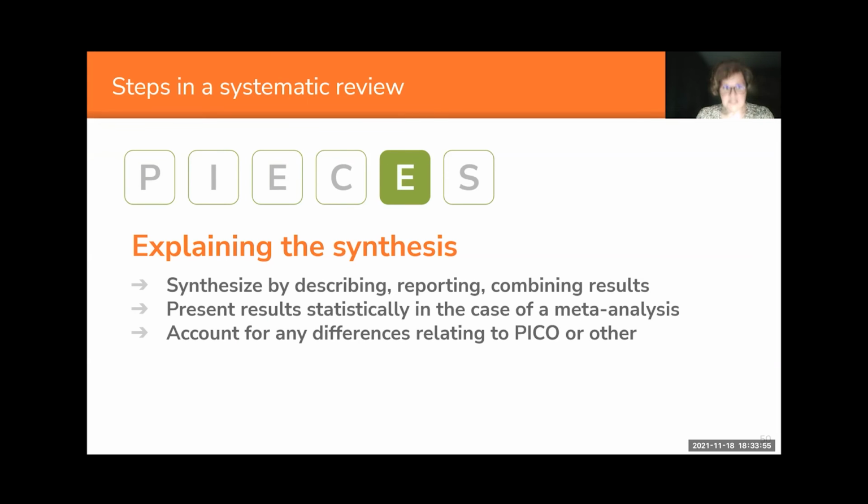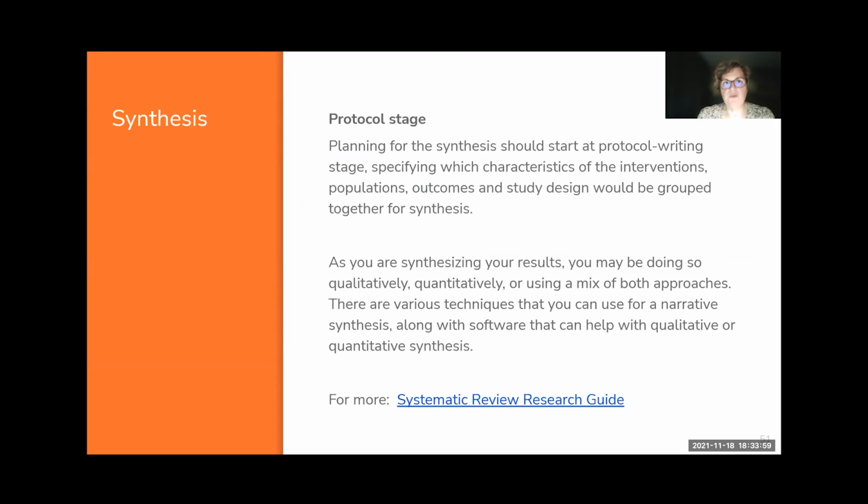And towards the end, there's now explaining the synthesis. So it's basically writing up the review. Again, the synthesis, how you will present the information, has to be thought of from the get-go. Things could change, but usually it's at the protocol stage that you will have decided how you will report on your project, how you will synthesize the results, et cetera.